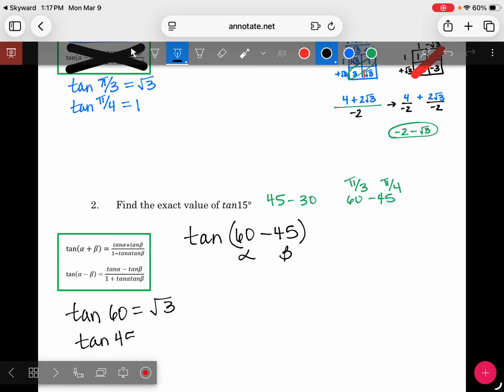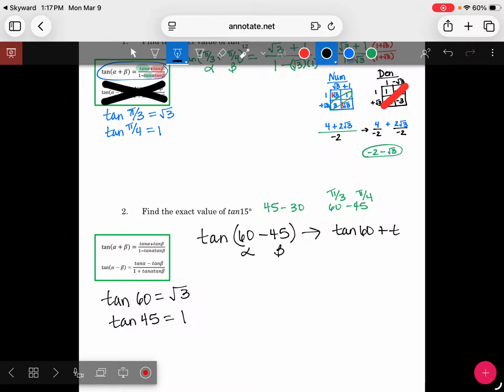So this is going to look a lot like the one we just did. So I'm going to have, let me write it out the long way. I'm going to have tangent of 60 plus the tangent of 45 all over 1 plus tangent of 60 times the tangent of 45.